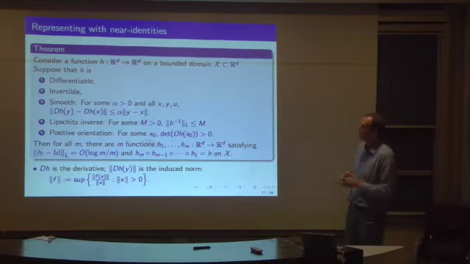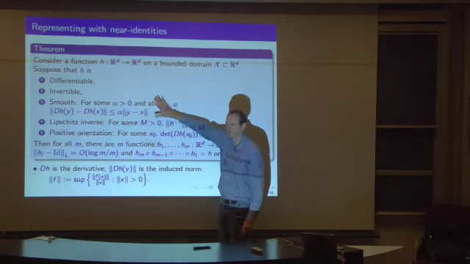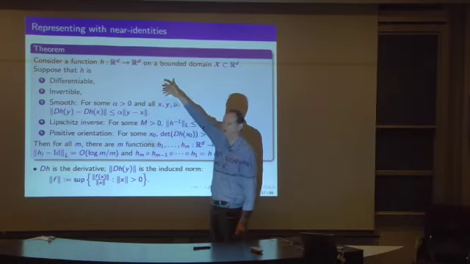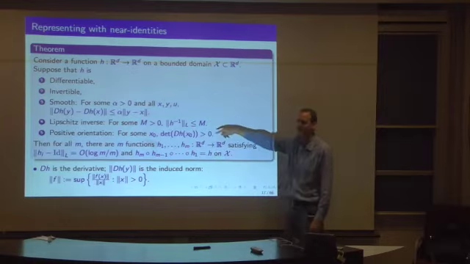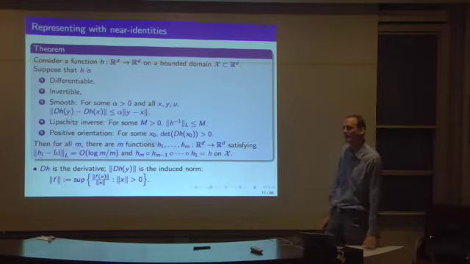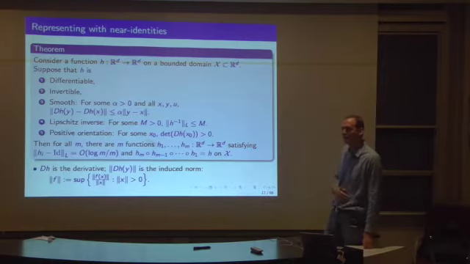So I guess at every step we're wanting to ensure that the map is well behaved. Perhaps with some additional conditions we could do without the bounded domain, but at this point we just say it's smooth, and that's enough to imply that on a bounded domain the map's Lipschitz, and we need that. We need it Lipschitz in both directions. I think we need it for more than that, but I just can't recall what.